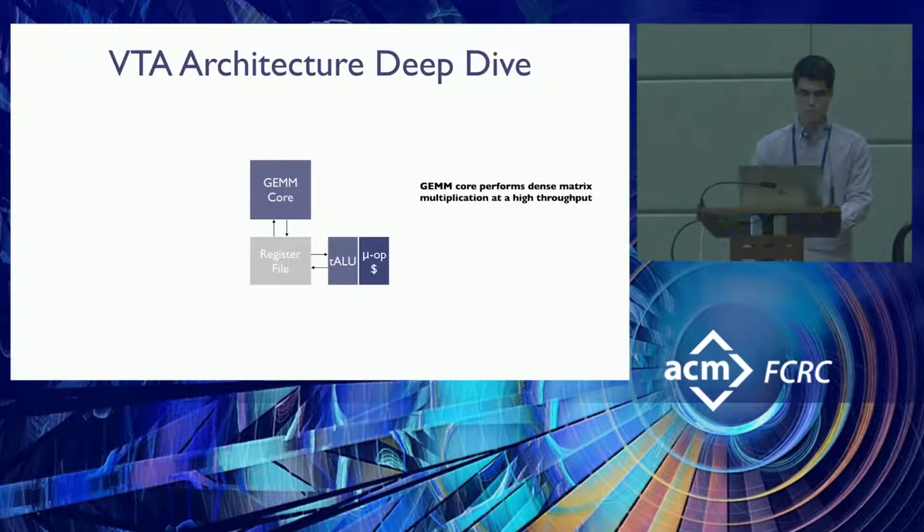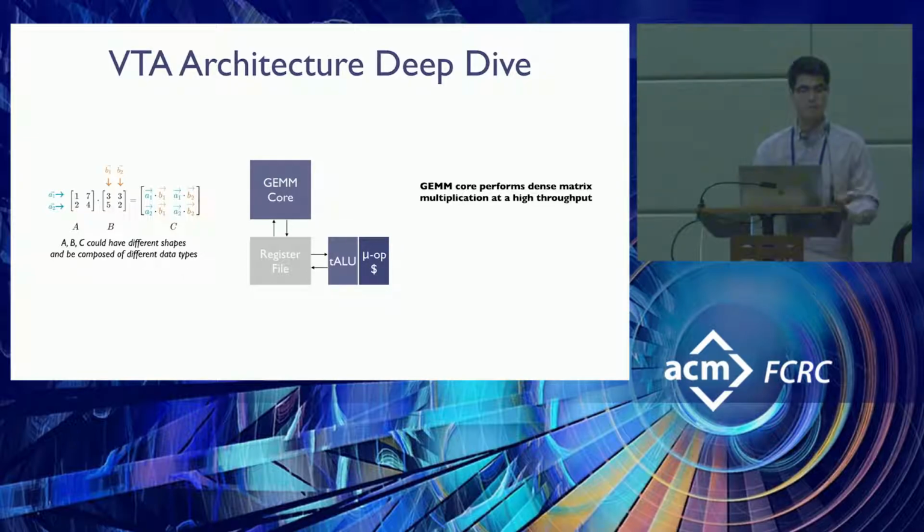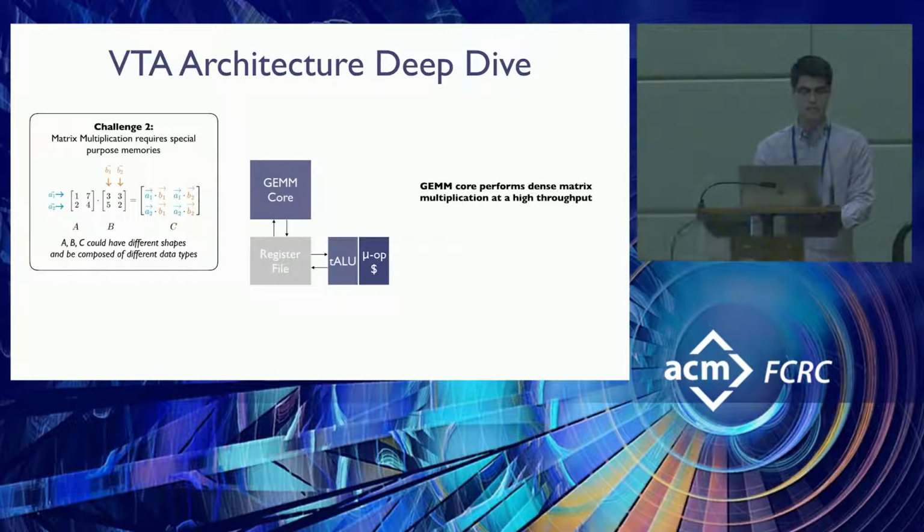If you look at matrix multiplication, you've probably seen this before. You're multiplying two matrices together, but the key takeaway is that these matrices A, B, and C in deep learning could have different shapes, but they could also have different data types. So we're going to specialize the memories that feed those matrices into our GEM core.